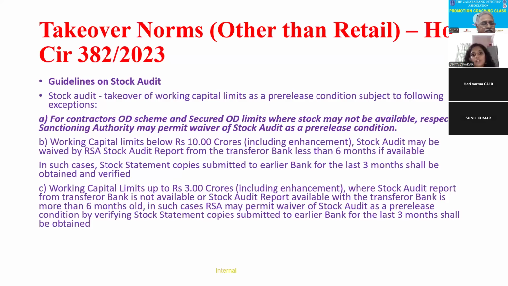See, stock audit in case of a takeover has to be done as a pre-release condition, with some exceptions like contractor OD and secured OD, where stock may not be available. The respective sanctioning authority may permit waiver of stock audit as a pre-release condition. For working capital below 10 crore, stock audit may be waived by the respective sanctioning authority if the transfer bank's stock audit report is available and less than 6 months old; in such cases, stock statement copies submitted to the earlier bank for the past 3 months shall be obtained and verified.